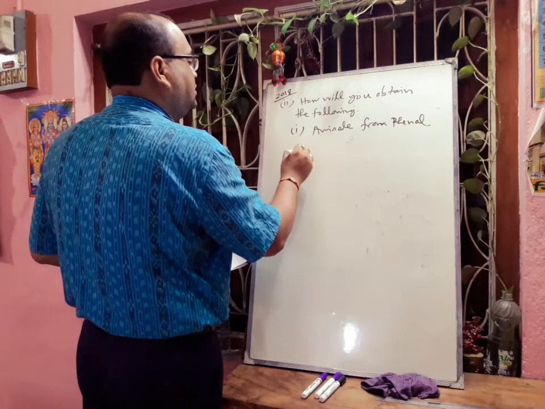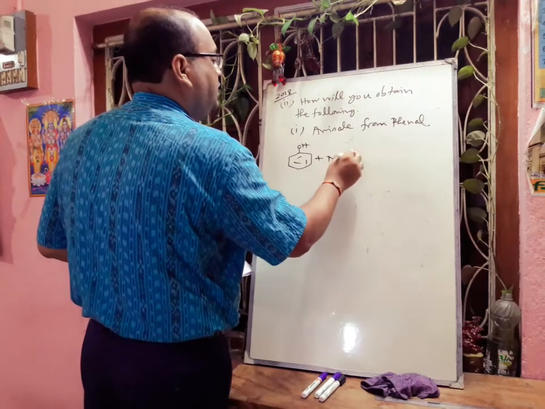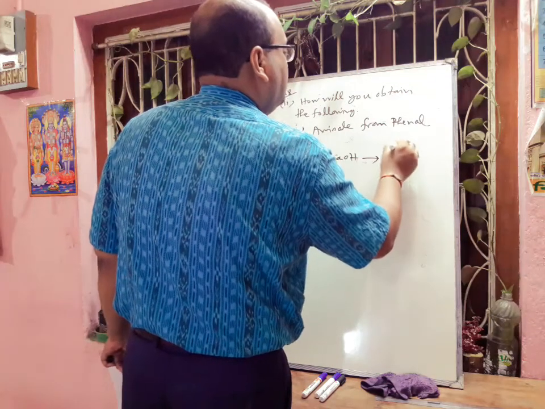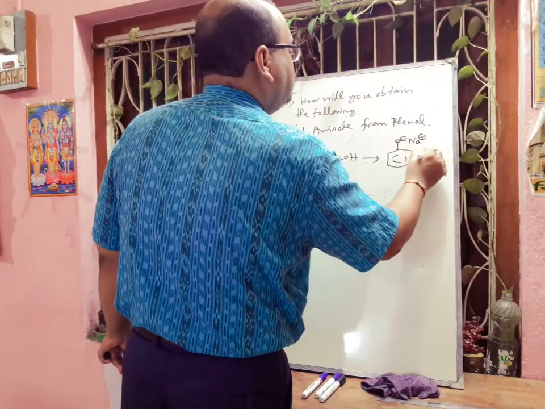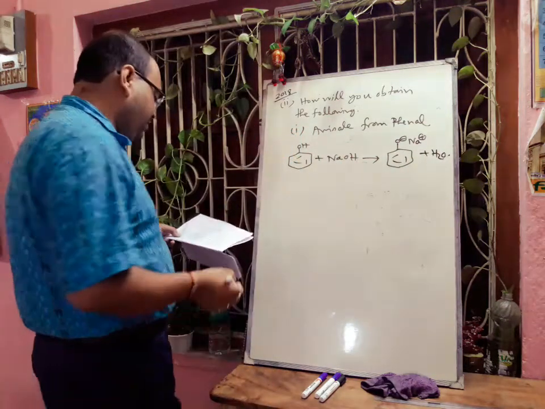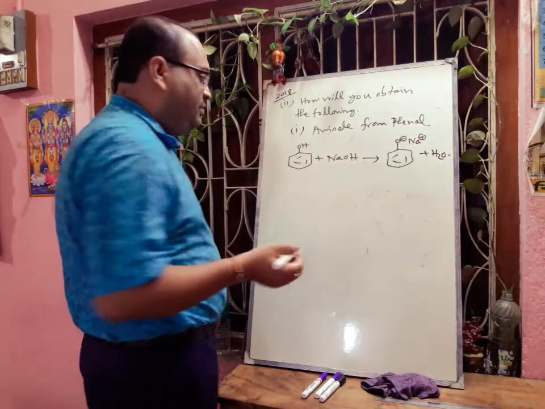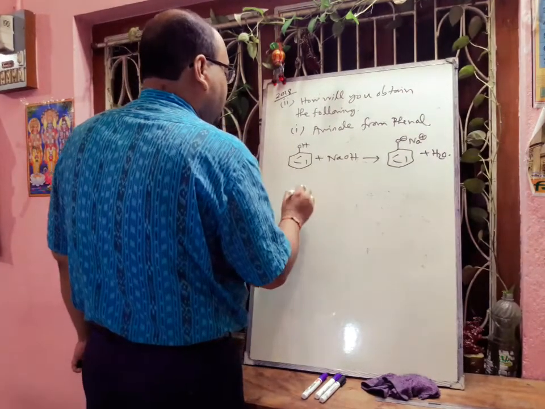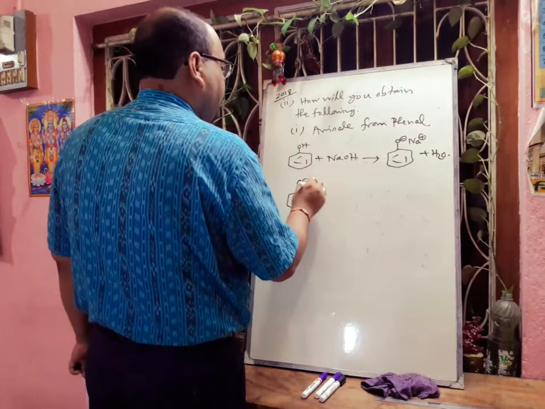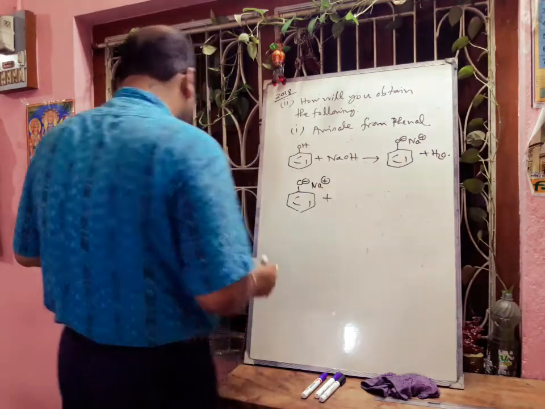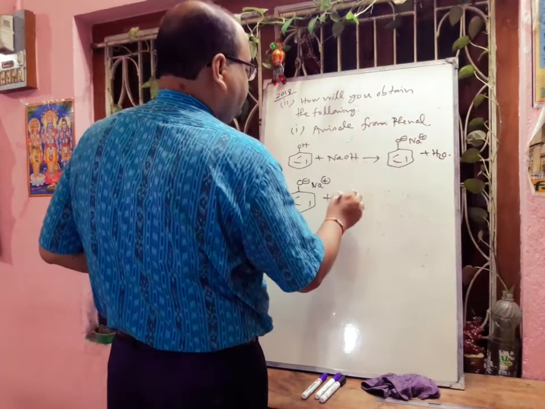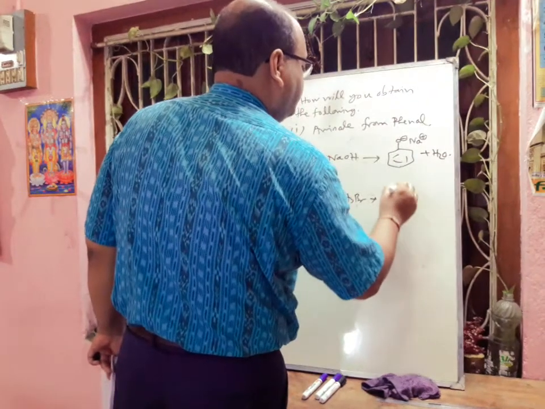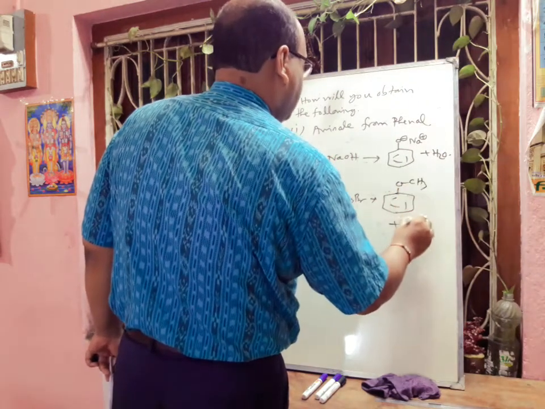This one is phenol. If we add sodium hydroxide, there will be formation of sodium phenoxide salt plus H2. In the next step we will add a methyl halide. Generally the best will be methyl iodide or methyl bromide. So we are taking C6H5O-Na+ plus methyl bromide. Then we will get the corresponding anisole.